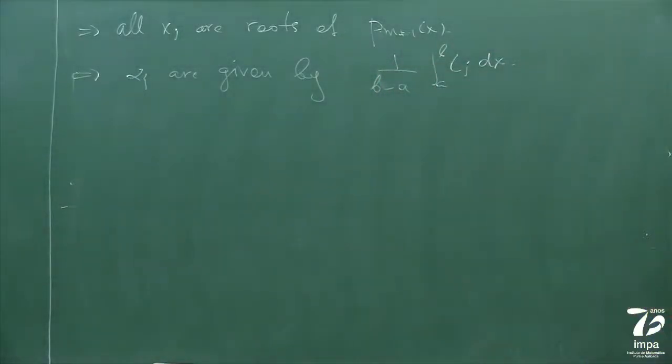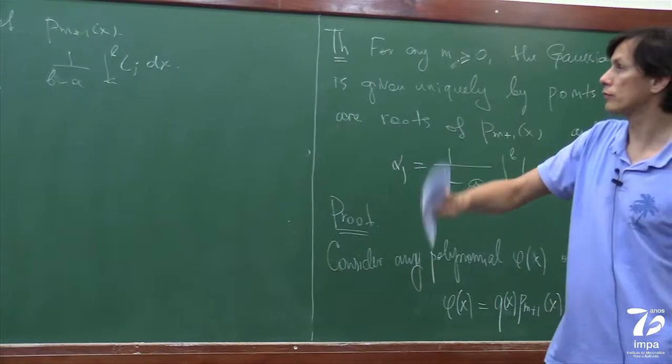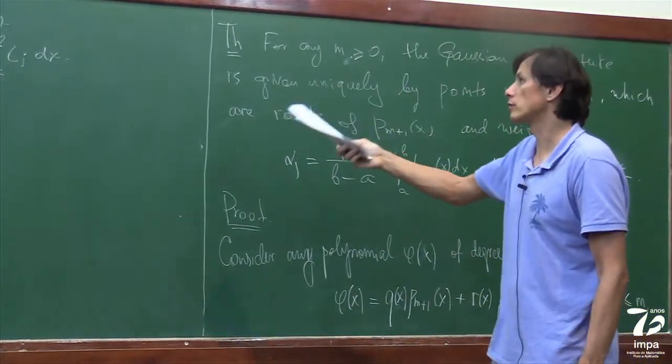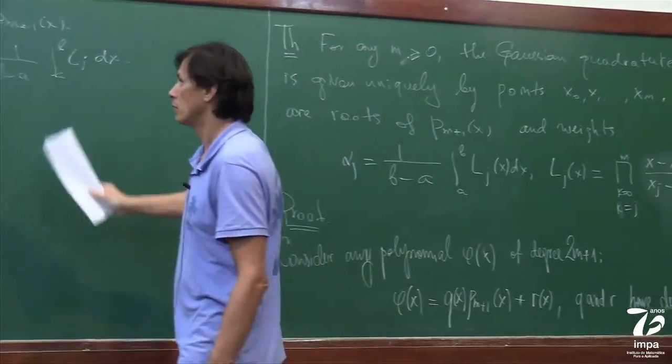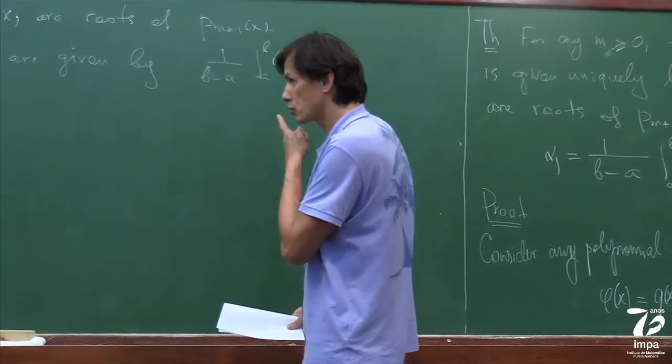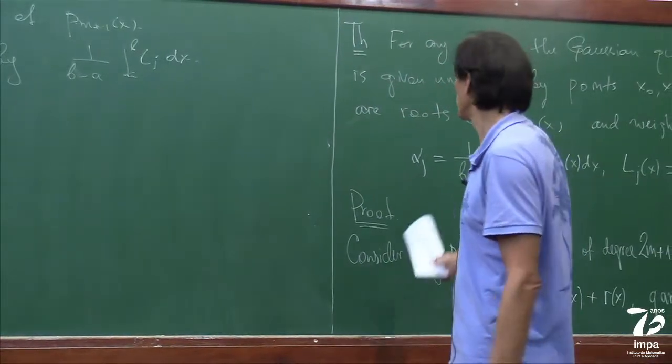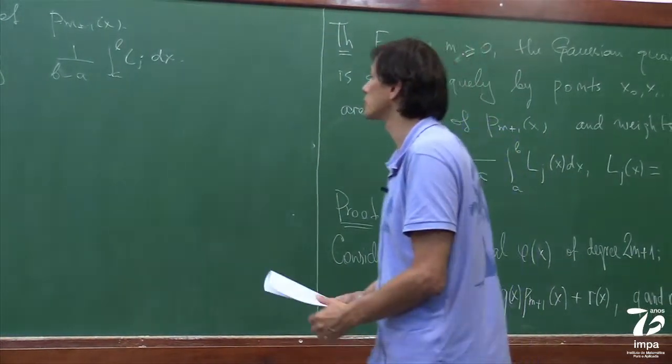So this we also proved, because in the first part of the proof we showed that whenever nodal points are roots, then coefficients should be given by this. So this second part shows uniqueness. Any Gaussian quadrature, this is the only Gaussian quadrature you can construct.